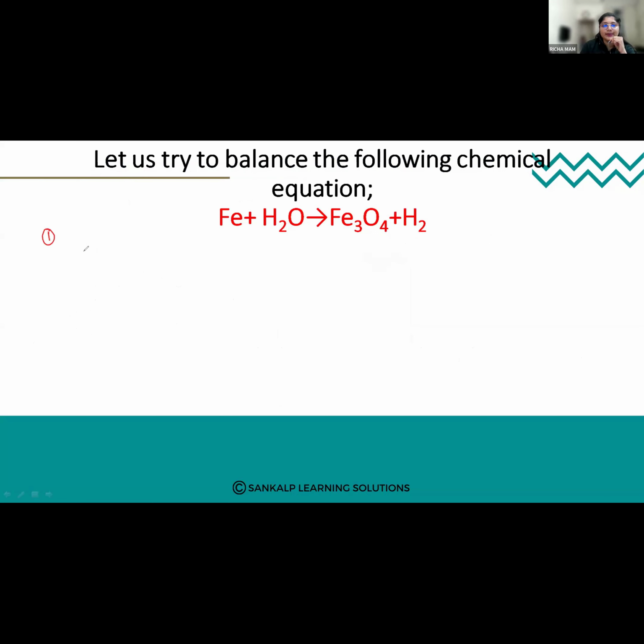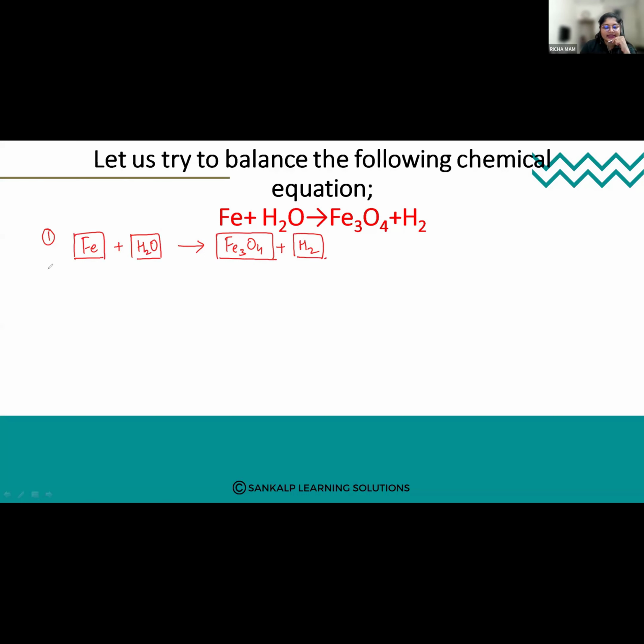We have to separate them by writing them in brackets, so that they are separated. So we are going to write them in separate boxes. This is step one.